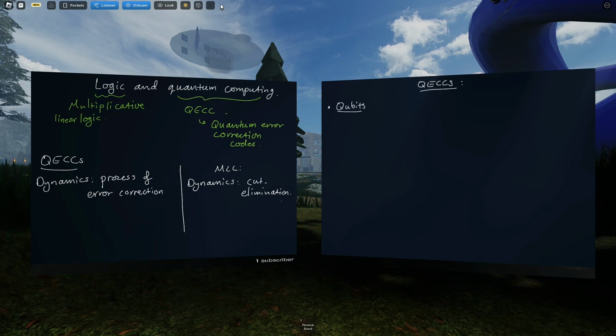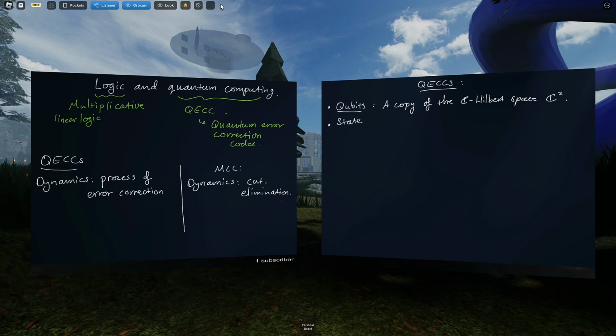So a qubit is simply going to be a copy of the Hilbert space C squared, C being the complex numbers. Very simple.